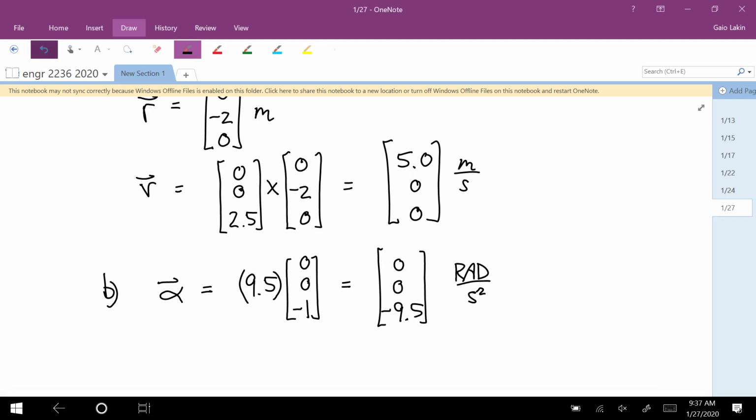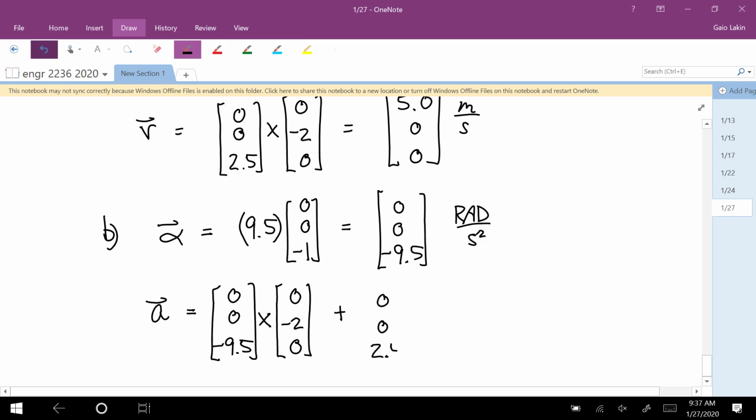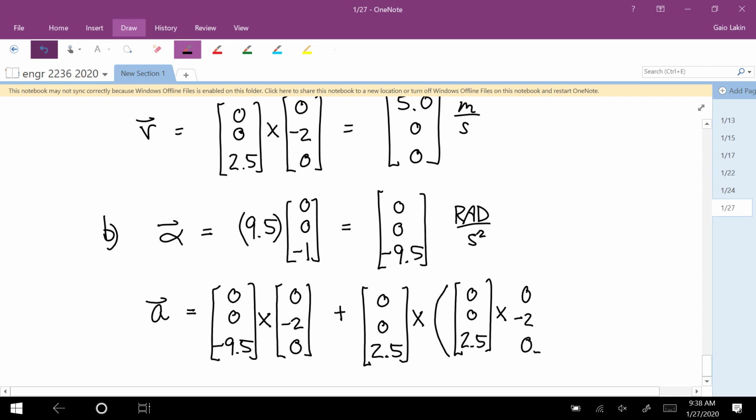And we already have the angular velocity and the r vector from part A. So the acceleration of that point is alpha cross r, so 0, 0, negative 9.5 crossed with the r vector, 0, negative 2, 0, plus the angular velocity vector, 0, 0, 2.5, crossed with the quantity 0, 0, 2.5 cross 0, negative 2, 0.